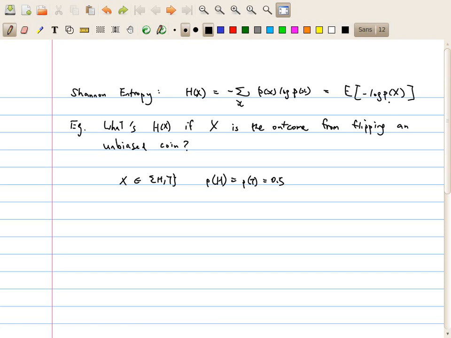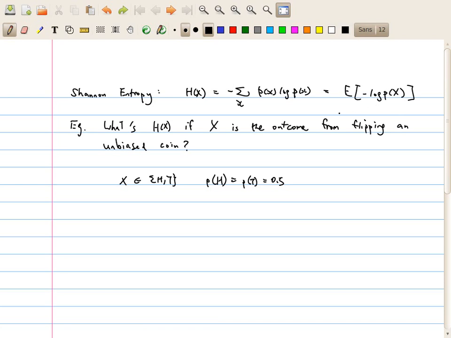So it's actually quite intuitive, because when the probability of an outcome is smaller, so the outcome is not likely to happen, then the amount of information we obtain when the outcome actually happens will be bigger, so a rare event contains more information.